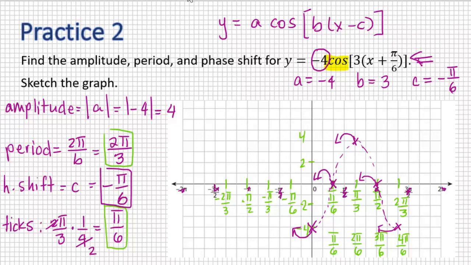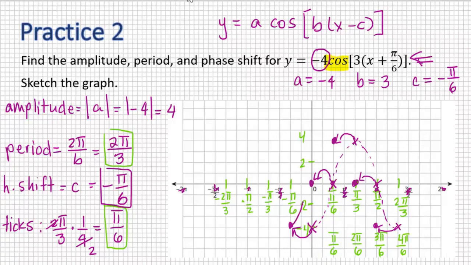So that means that at -π/6, we're at the minimum point. At x is equal to 0, we cross the x-axis. At x is equal to π/6, we're at our maximum. At x is equal to π/3, we're again at 0. And at x is equal to π/2, we once again reach the end or the beginning of our next cycle, and we're at our minimum point.